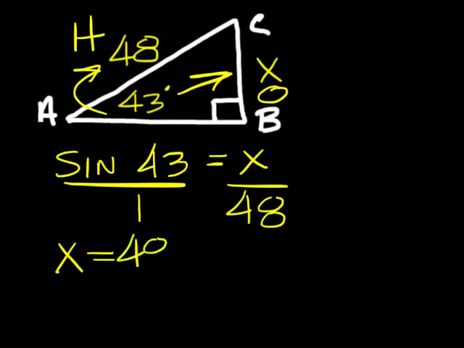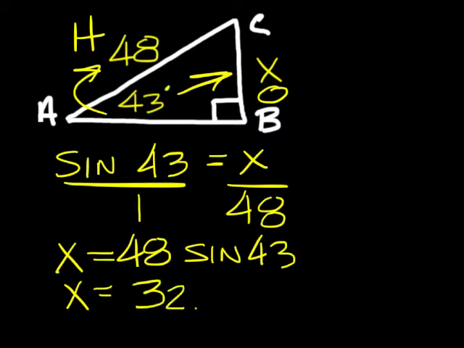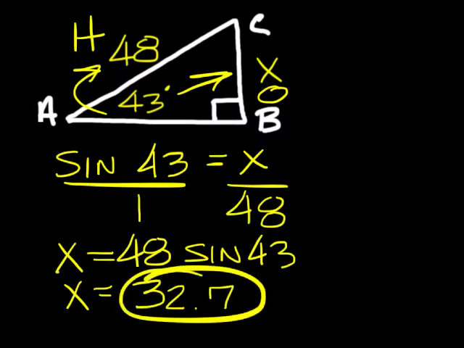Cross multiply to get x equals 48 times sine 43. Put sine 43 in the calculator first and get 0.68199 and multiply that by 48. You should get 32.7.